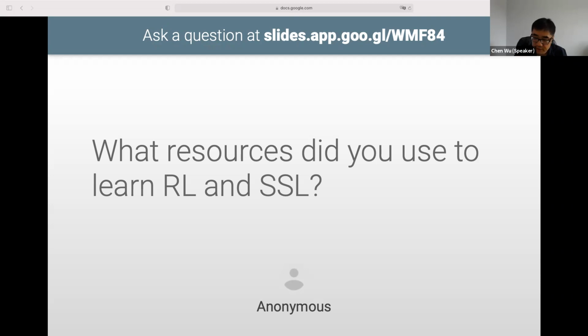I have not seen a good one. Maybe there's some workshop on SSL, like NeurIPS, which has an SSL workshop every year, and there are some surveys. You have to really grab the latest papers to read. The few papers that I highlighted there are a good starting point.